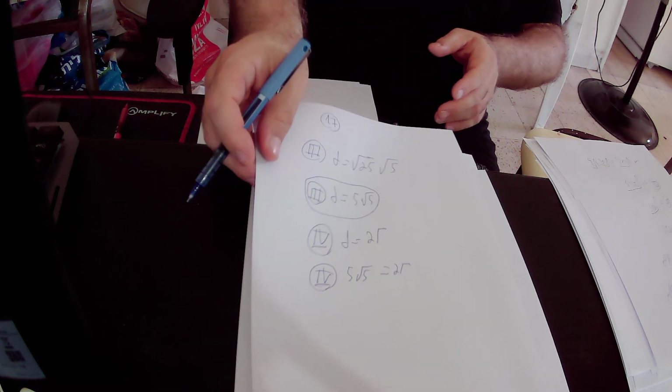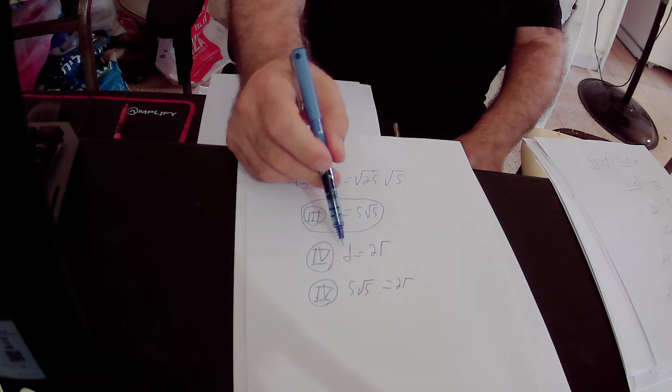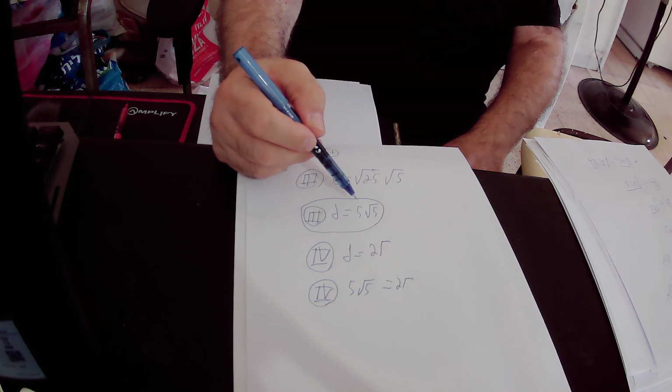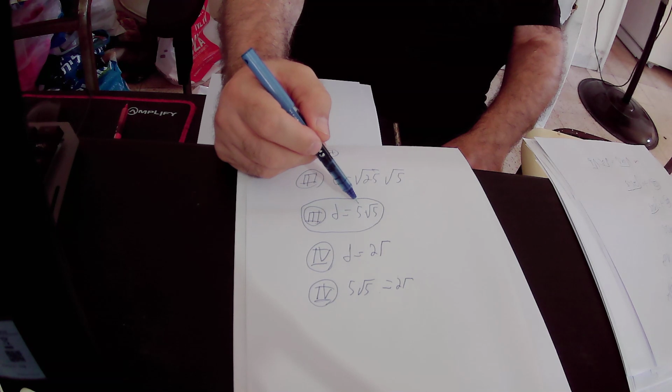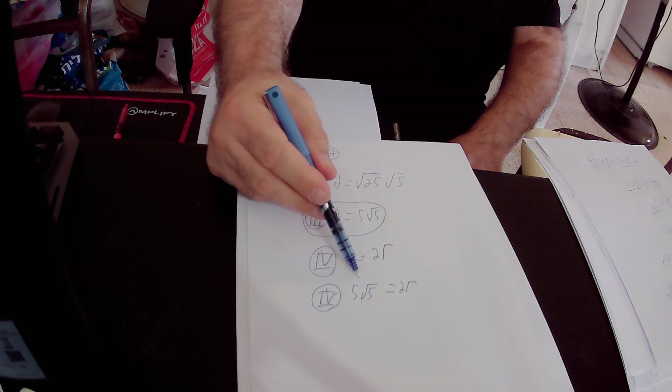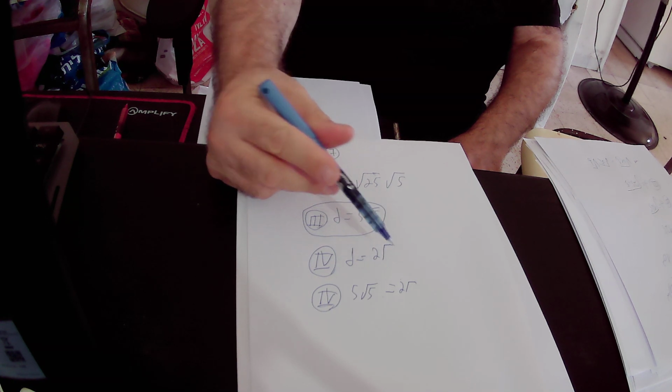Okay, in the fourth equation we substituted d by 5 times root 5 because d equals 5 times root 5. So we got that 5 times root 5 equals 2 times the radius.